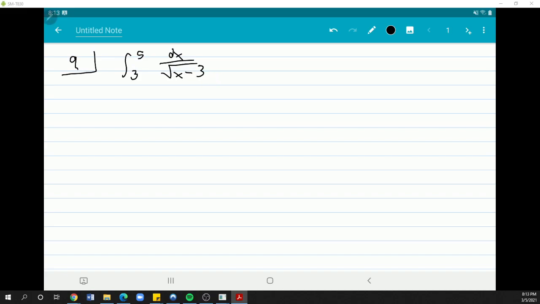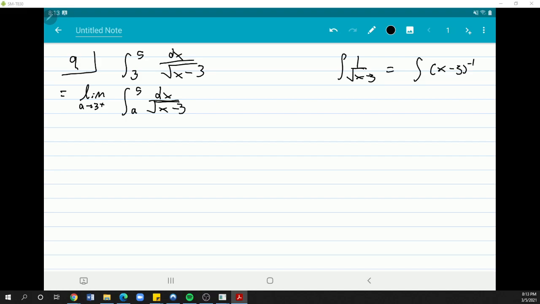But again, with this discontinuity, by definition, this is the limit as a goes to 3 from the plus of the integral from a to 5 of dx over root x minus 3. So what's the integral of 1 over root x minus 3? That's the integral of x minus 3 to the minus 1/2 dx.